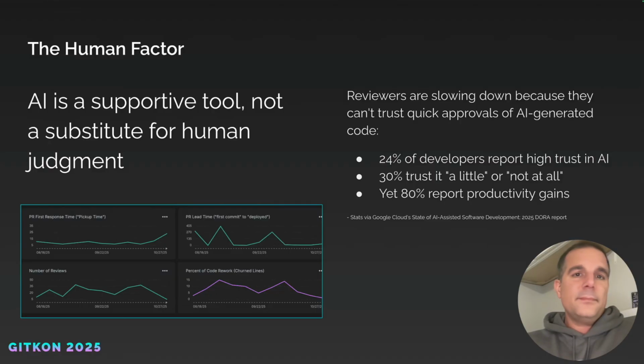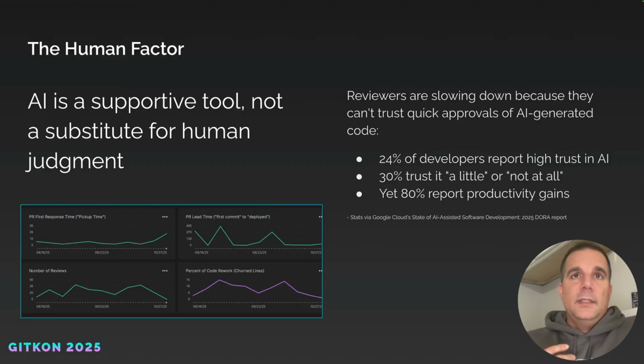From that same report, we're seeing that over half of developers report little to no trust at all in AI. So there's this skepticism that the code being generated may not be doing what they expect or want it to do. But like I mentioned, 80% are reporting, hey, we're more productive. That's kind of a paradox there.